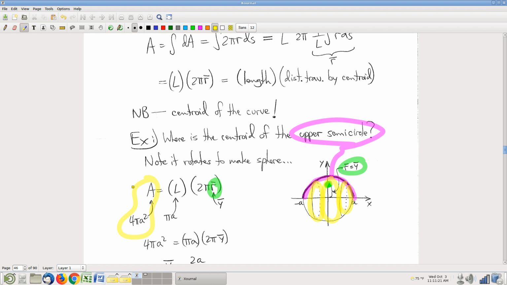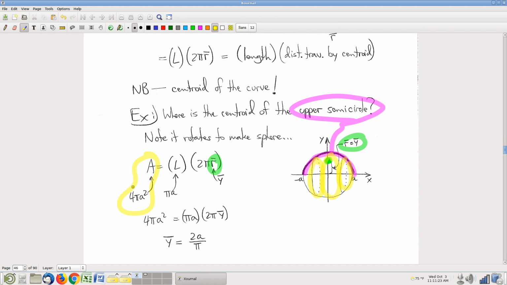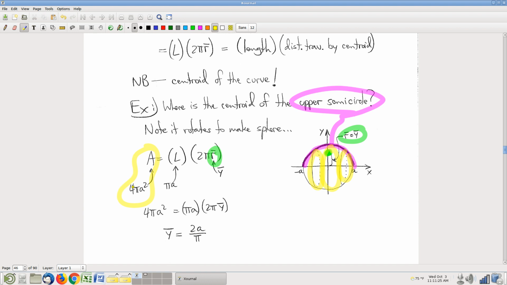Related by Pappus' theorem, we know the length of the curve, old news, and go through, solve for what you're interested in, and there you go.